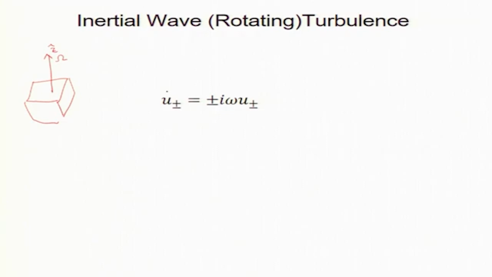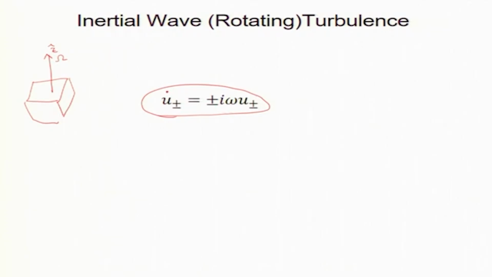Fluctuation parallel to the rotation is suppressed and there is a fluctuation perpendicular to the rotation. Okay. So, now I am not going to tell you what this u plus and u minus are, these are called helical modes, okay. They satisfy without nonlinear term this simple relation. So, two waves, one plus wave which is i omega and minus wave which is minus i omega.